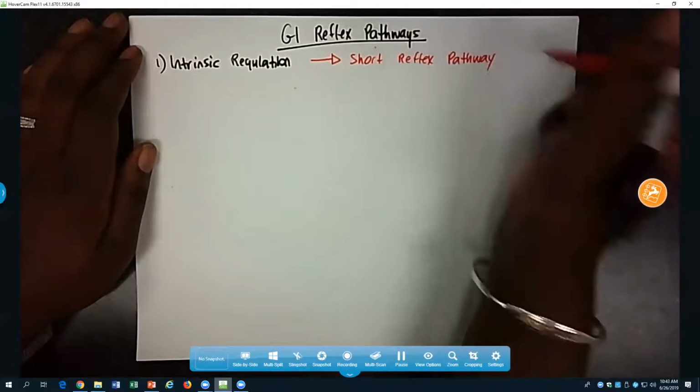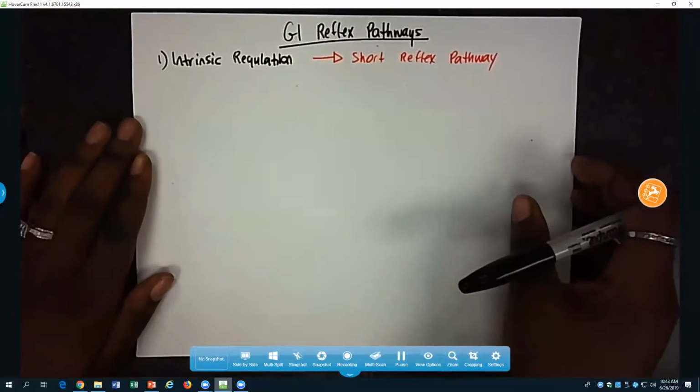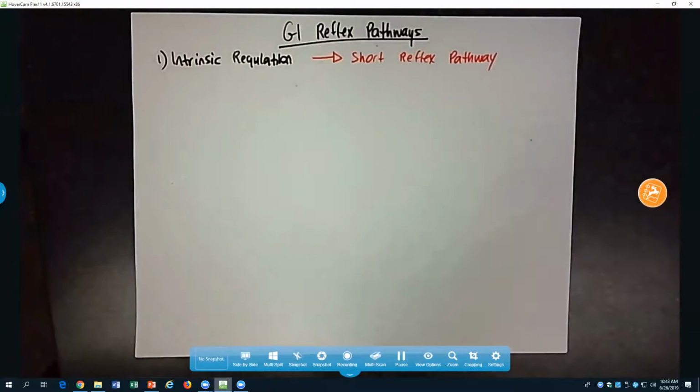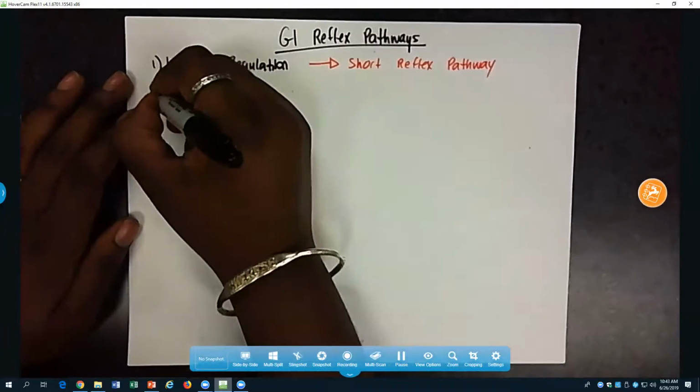And that makes sense, right? This is happening within the gut. It's being controlled within the gut. It's happening in the absence of any external factors. And so it's going to be a shorter reflex because it's all within the same area and being intrinsically regulated.